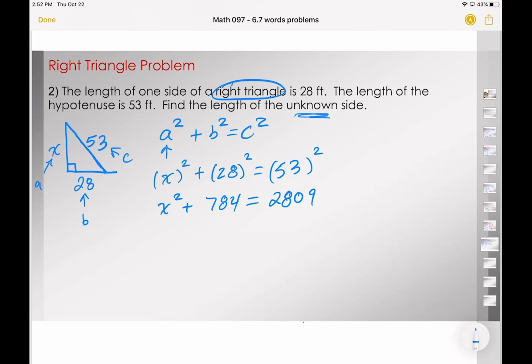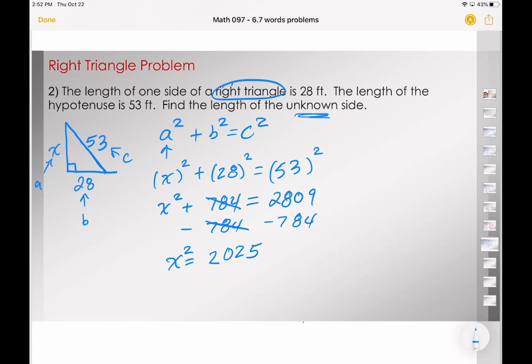And if you want to, you can subtract this over. If you subtract this item over, you have x squared equal to 2,025, right?